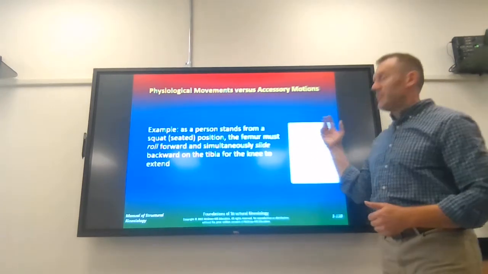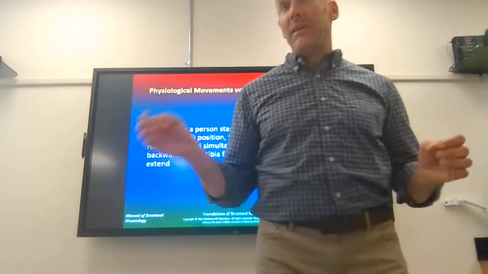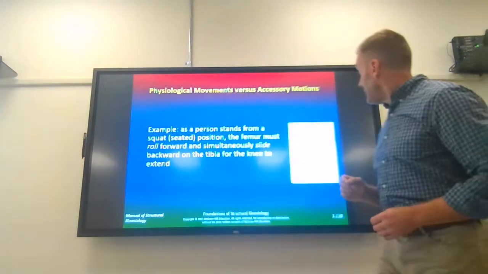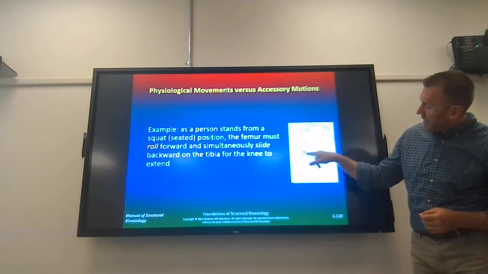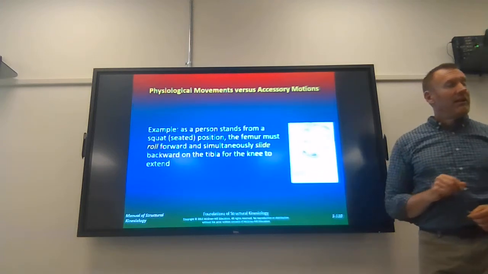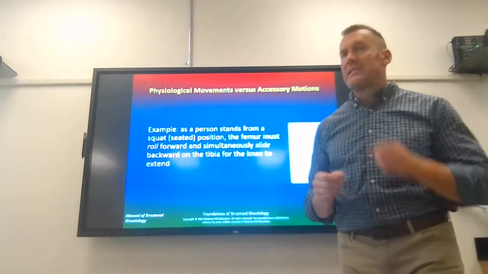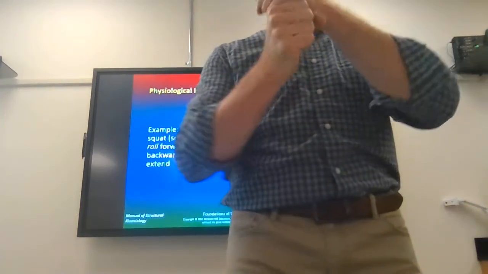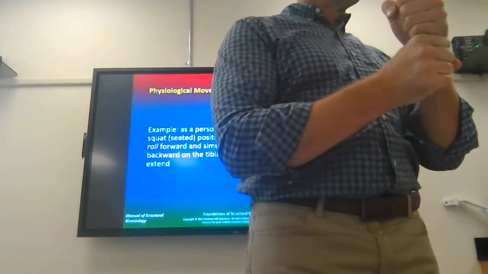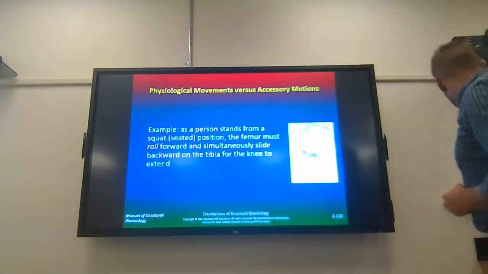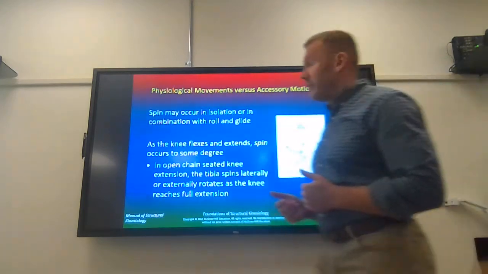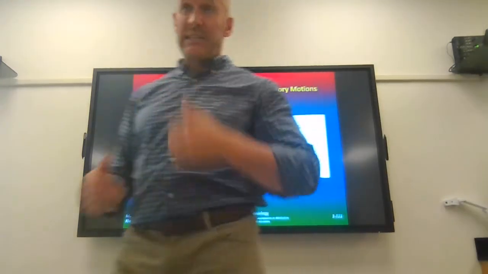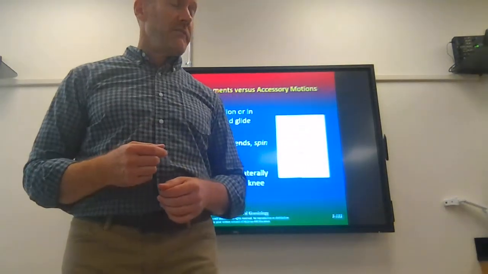So how are we able to do this all at once? Well, we have ligaments. You can see there, just barely, the anterior cruciate ligament peeking out right there, and the posterior cruciate ligament that stabilize the knee joint as it undergoes these accessory motions. The same thing can occur as we go from an extended position to a flexed position.